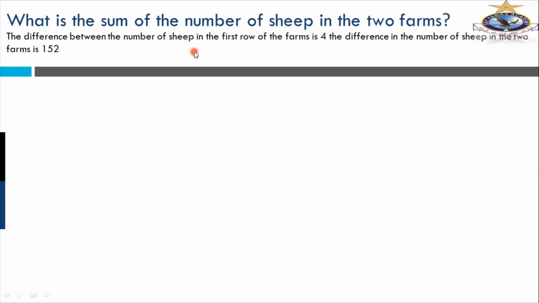From here, the two things are given in a different way: the difference in the number of sheep in a row and the total difference between the two farms, that 152 sheep are either in A or B. So this is the number exceeding from one to the other. Let's see how we can change this information into pure mathematical form, that is, the algebraic expression.